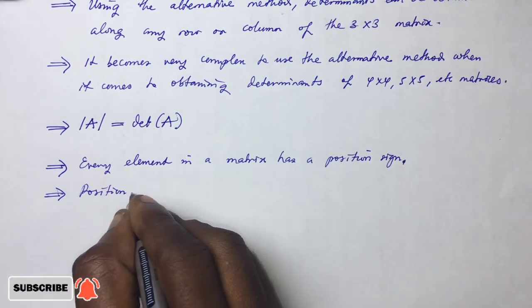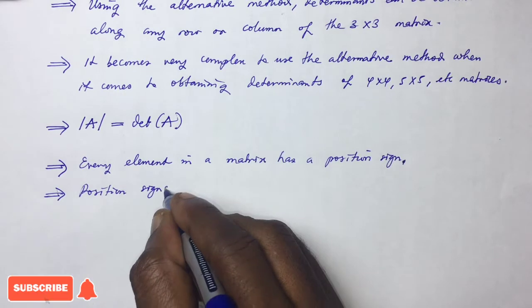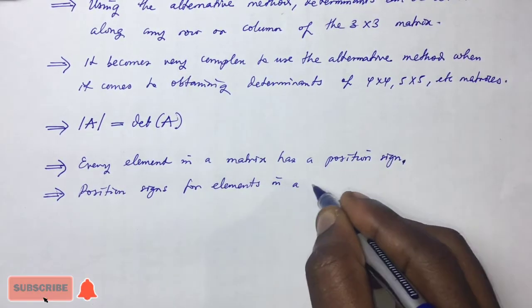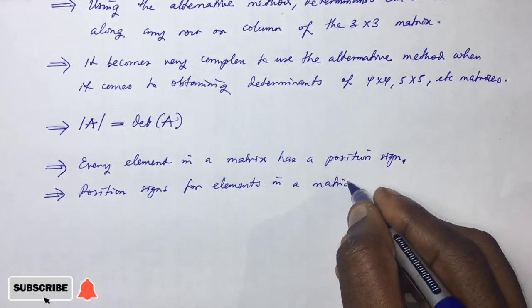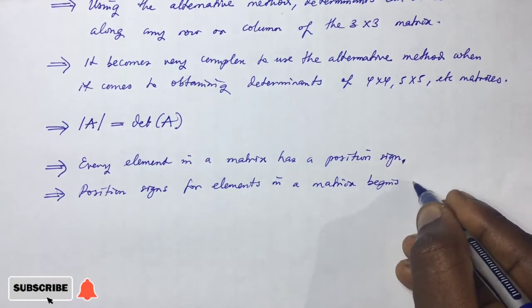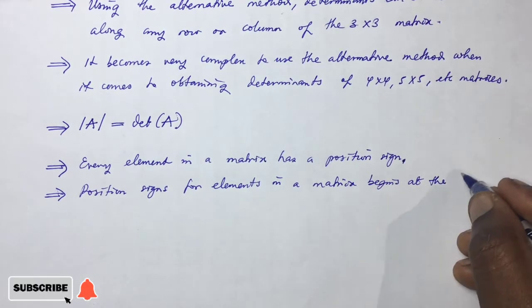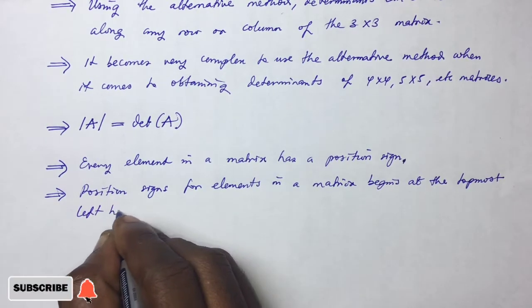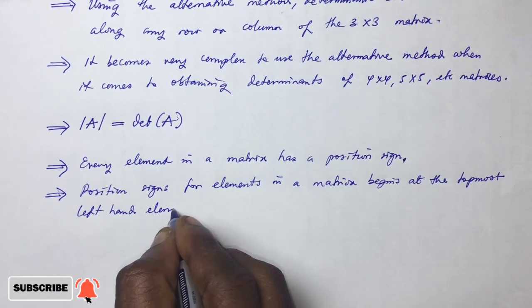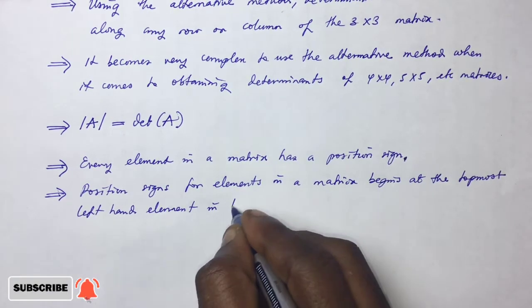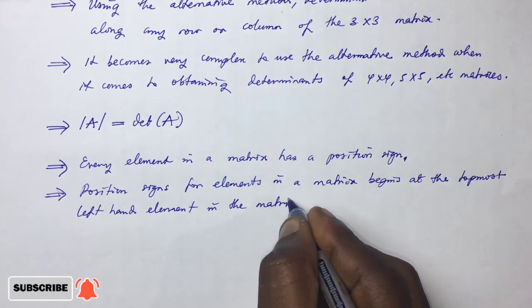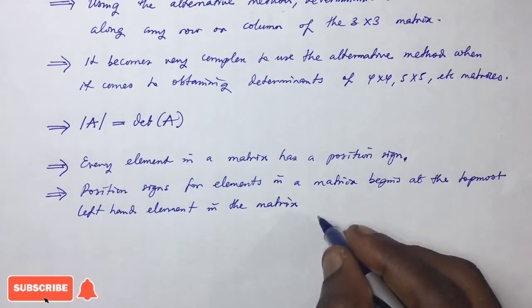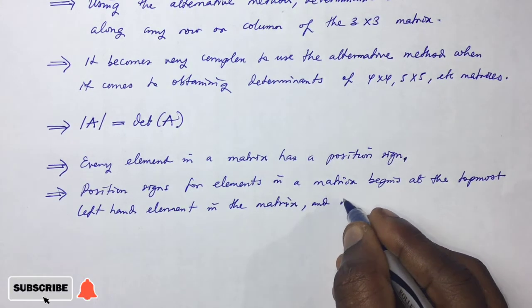Position signs for elements in a matrix begins at the topmost left hand element in the matrix and is positive.